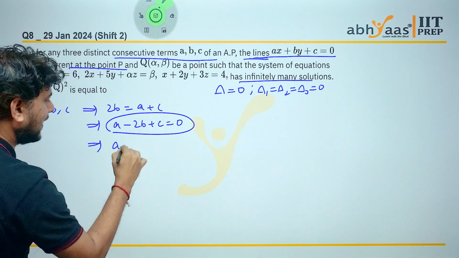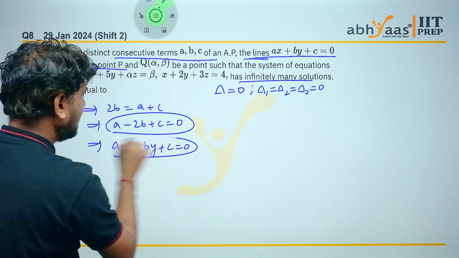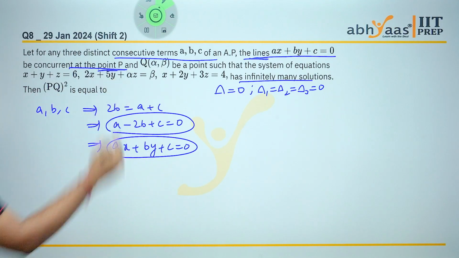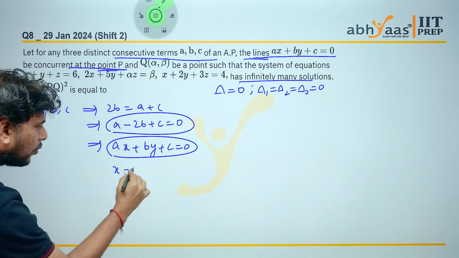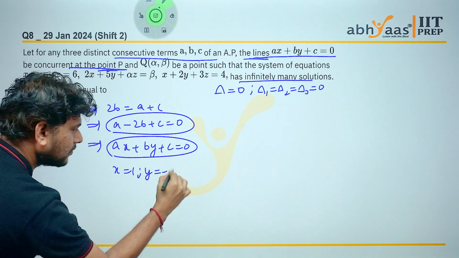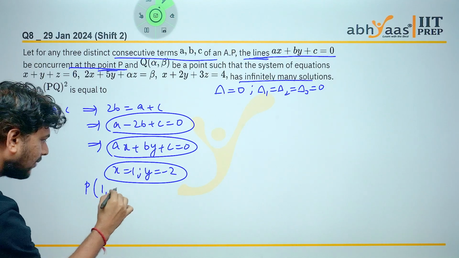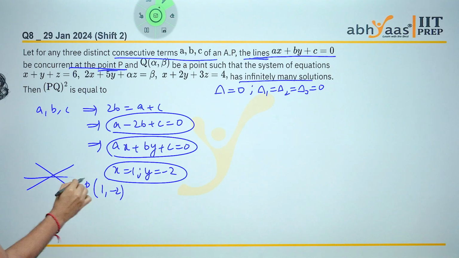Comparing with ax plus by plus c equal to 0, this system of lines is passing through a point, that is P. So comparing, we get x equal to 1 and y equal to minus 2. So this will be the point 1 comma minus 2 where these lines are concurrent.